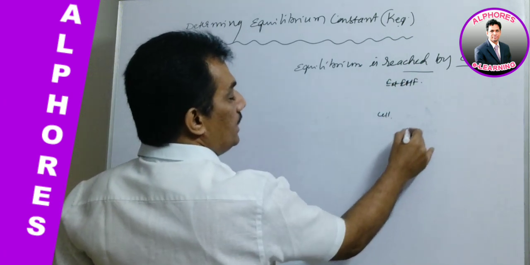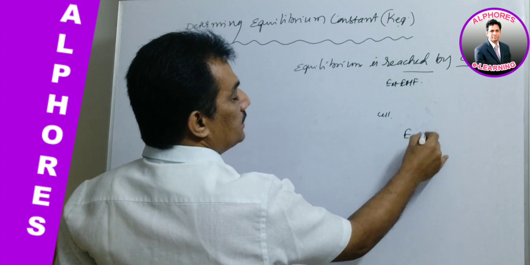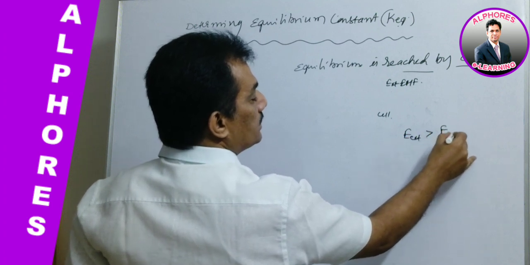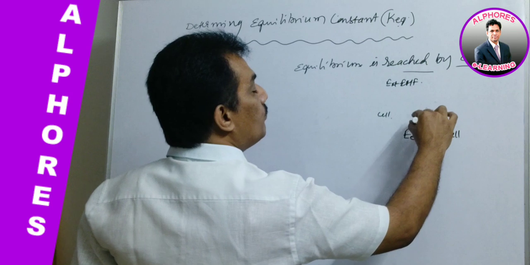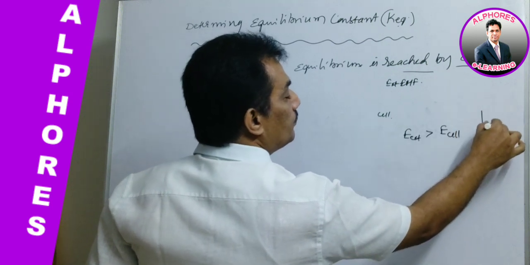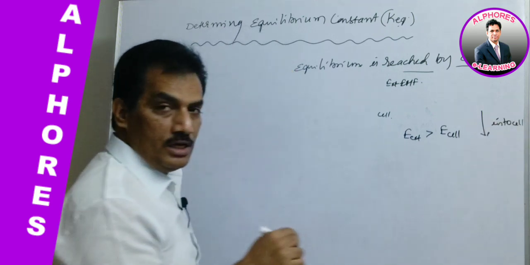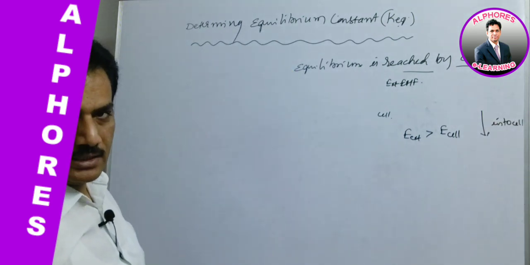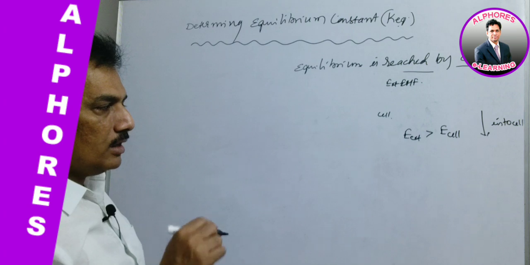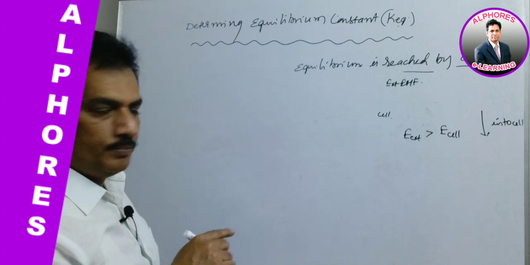If E external is greater than E cell, current will flow into the cell. Into the cell, current will come. If you recall them, it is so.